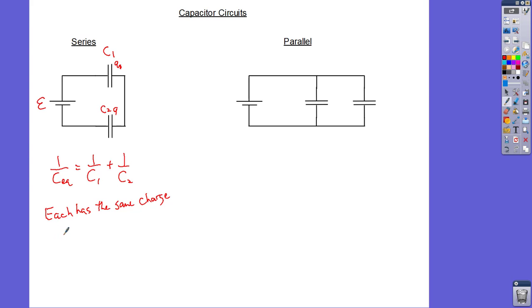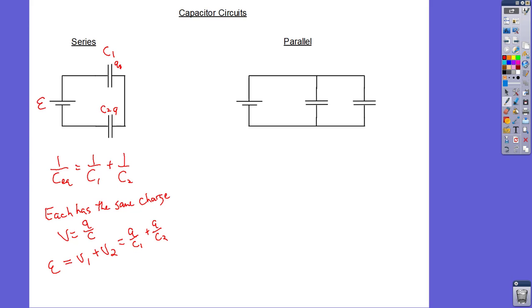And because we know that the voltage across a capacitor is equal to Q over the capacitance, we know the EMF, again using the loop rule, has to equal V1 plus V2. So that would be the same as Q over C1 plus Q over C2.